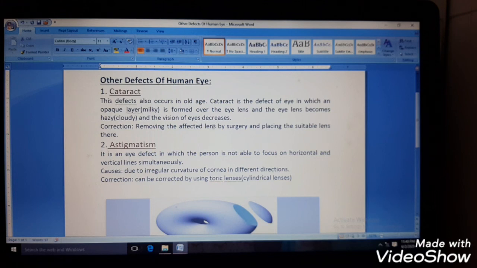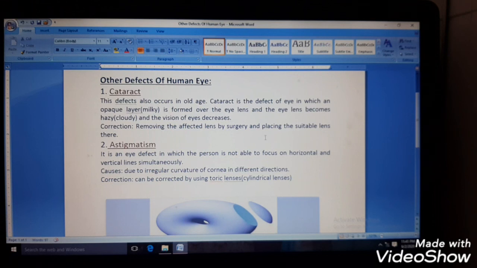Then how can it be corrected? It can be corrected by removing the affected lens, whatever lens is affected, either of the left eye or right eye, by surgery or placing a suitable lens there. But it is quite difficult because many nerve cells are connected to it.